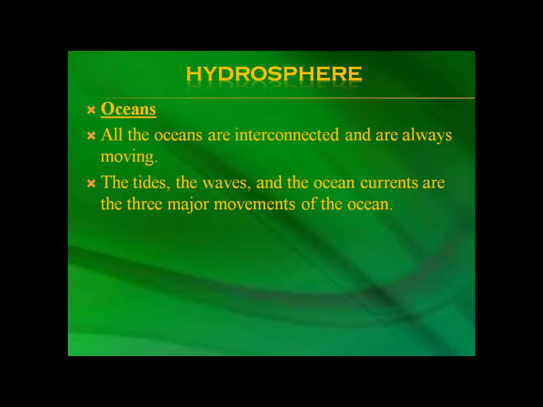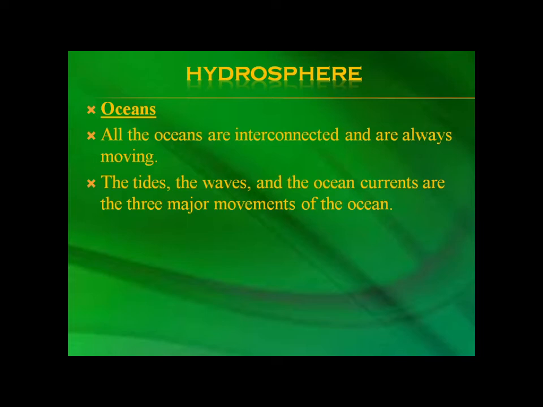We must already know what tides are: high tides and low tides. Waves, correct? When you go to the beach and stand near the sea, you see small waves and large waves. Tsunami was one of the biggest waves that we have seen. It causes damage also.